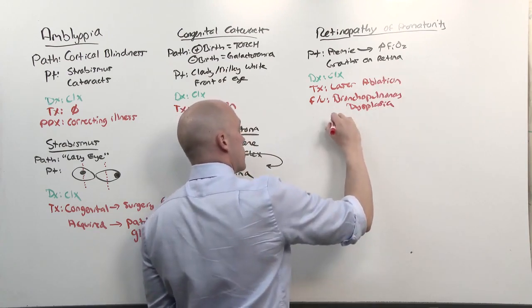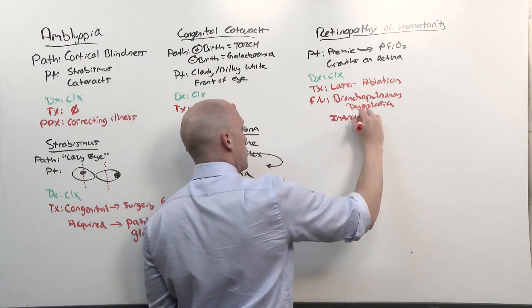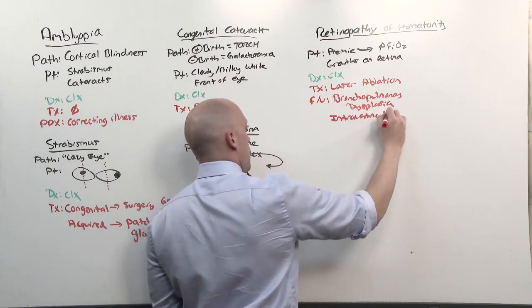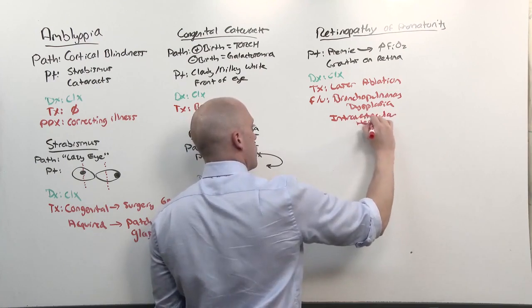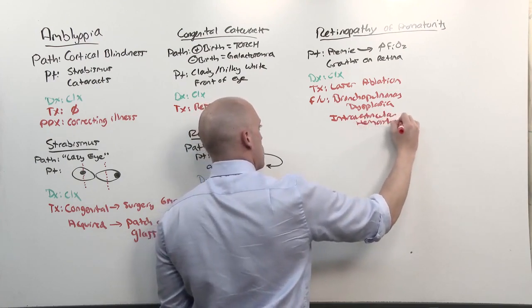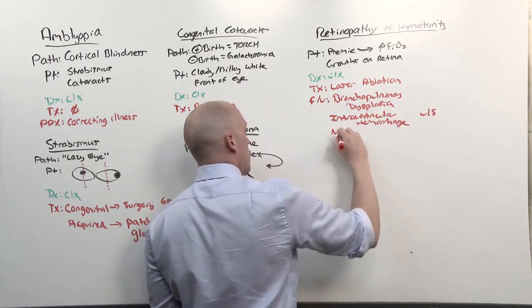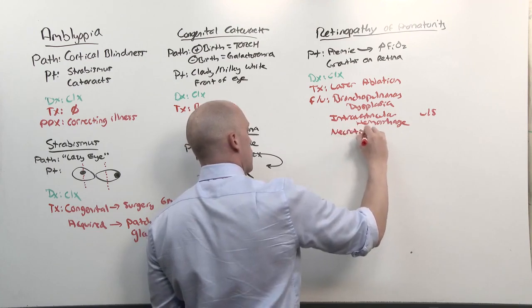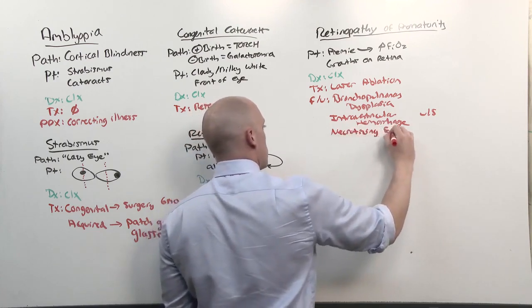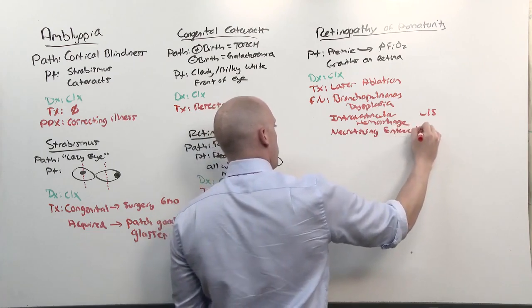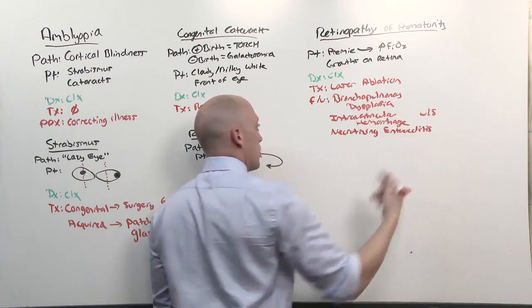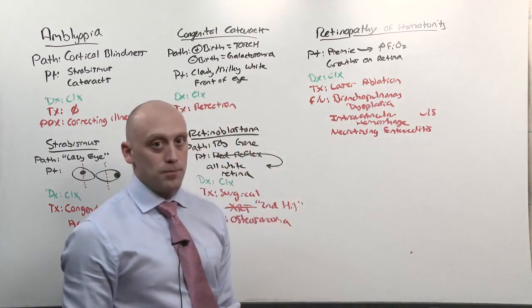Then you need to consider things like the intraventricular hemorrhage, assess that with an ultrasound with Doppler, and don't forget about necrotizing enterocolitis, which can present with a bloody bowel movement, and the patient needs to go NPO.